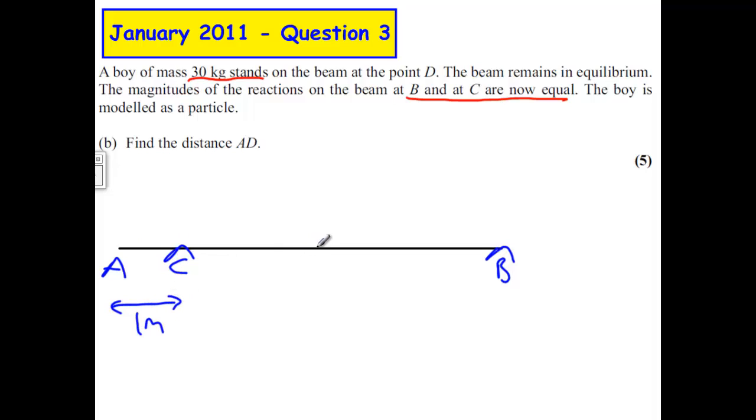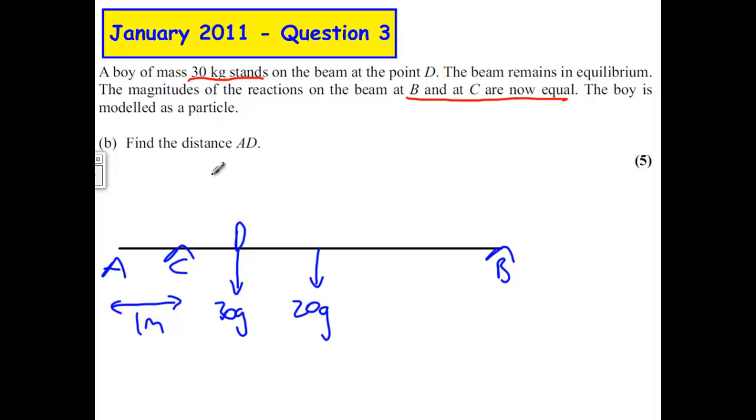The beam is still uniform, which means this mass of 20G will still act in the middle. I have no idea where the point D is on the beam, so I'm just going to label this point here D, and where this boy is standing I have a force of 30 times G acting downwards.